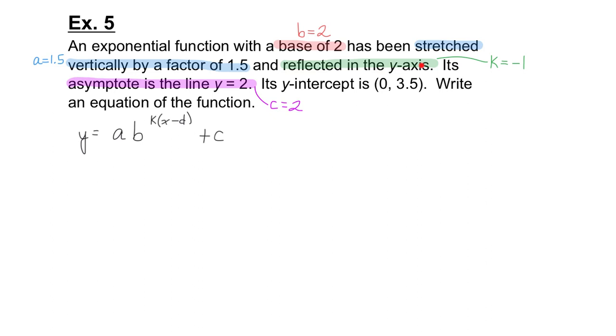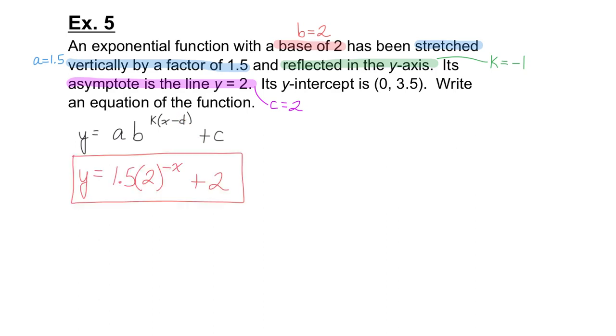Reflected in the y-axis, remember that's a horizontal reflection, which means k is -1. Its asymptote is the line y equals 2, not y equals 0, so this graph has been shifted up 2 units. That's your c value. c is 2. So I have an a value, I have a k value. It doesn't mention anything about translations left or right, so I'm going to leave d out, and c is 2.